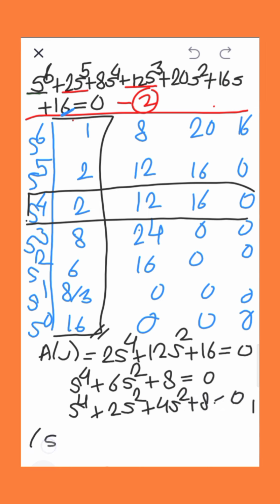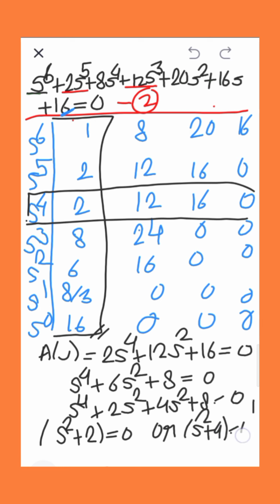So s square plus 2 equal to 0, or s square plus 4 equal to 0.